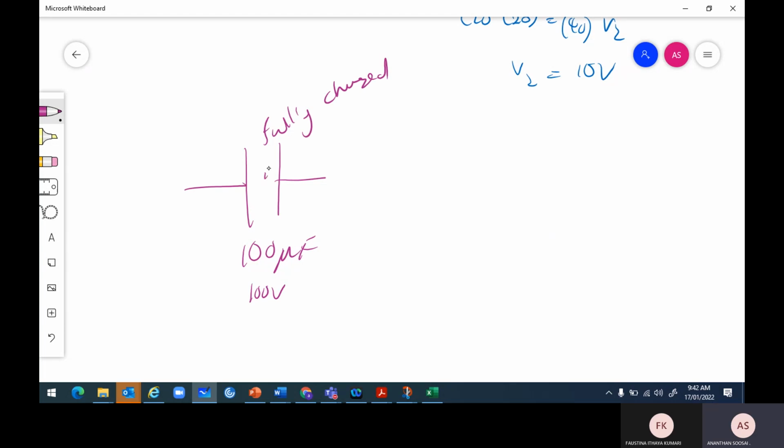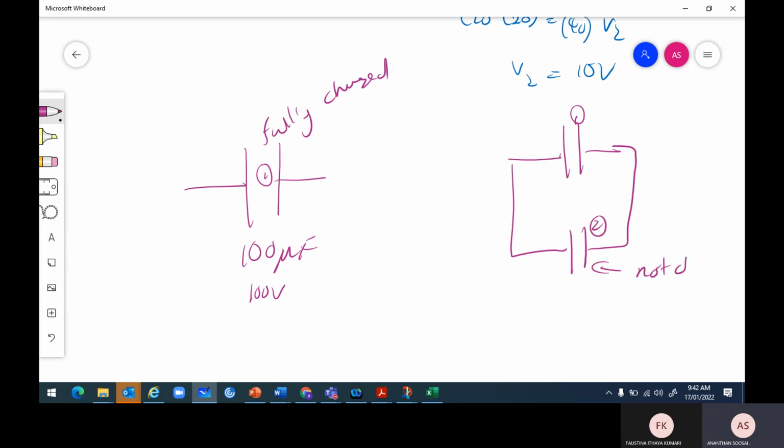Now this capacitor number 1 was connected to another capacitor which is not charged, which has a capacitance of 50 microfarad.